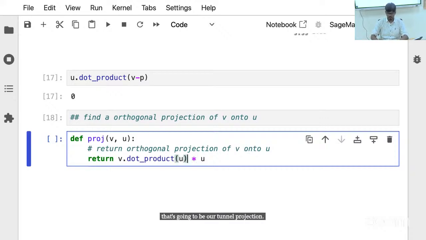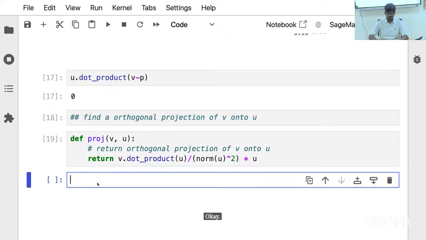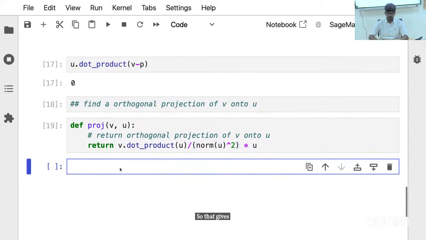I think usually we also divide it by the norm. So that gives an orthogonal projection.